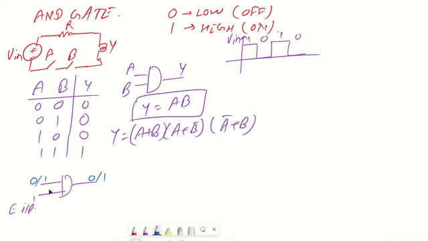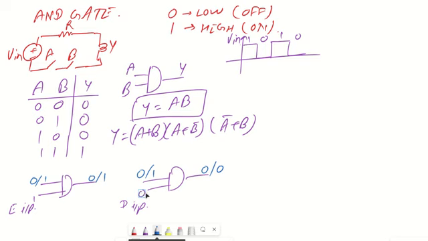Let us now talk about the disabling input. If you keep one of the pins at 0, it is called the disabling input. If you keep the other input as 0, the output will be 0. If you keep the other input as 1, still the output will be 0, because it will never be on if one input is 0.